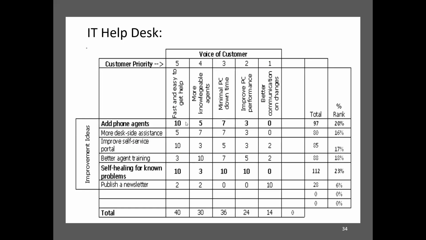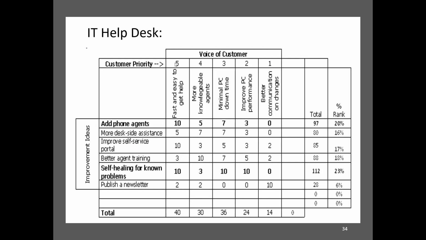And then you multiply, for example, self-healing for known problems. Fast and easy to get help is very important to the customer. More knowledgeable agents is a 3. Again, it's very subjective like the FMEA. And then largely I'll just take the 10 times 5, because these are the customer priorities ranked from 5 to 1.